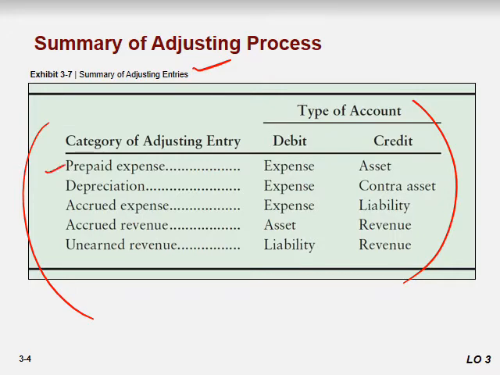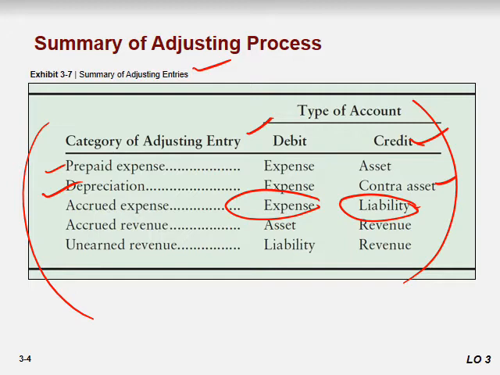So the categories are prepaid expenses. They are always debited against the expense and credited against the asset. Depreciation is our expense and it is credited to a contra account. And then accrued expenses, they are debited as expense and credited against liability.